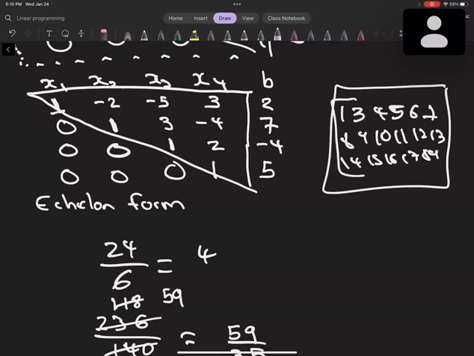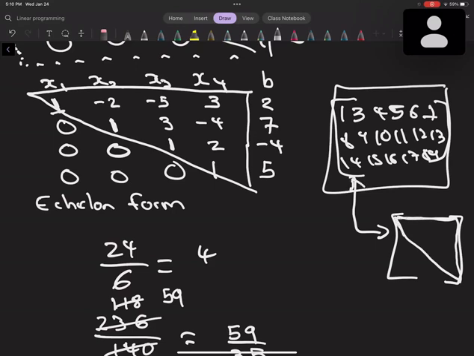So let's say this is a matrix. There is a way to write this matrix in this form. So something trying to be triangular. Okay. They're equivalent. So it's like a factorization. So the echelon form is going to be like the future factorization of a matrix.